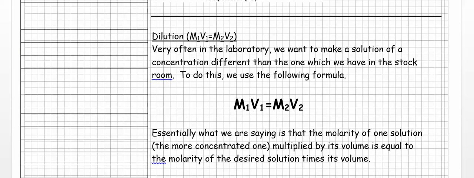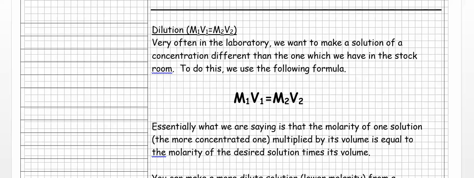All right, folks, I want to talk a little bit about a very important formula, and that is the dilution formula. So we've all had experience with diluting materials. So for example, if I had Clorox, I wouldn't want to put straight Clorox out of the bottle onto the kitchen floor, right? I want to dilute it somewhat. So we're going to look at a formula for dilution. And this is the formula.